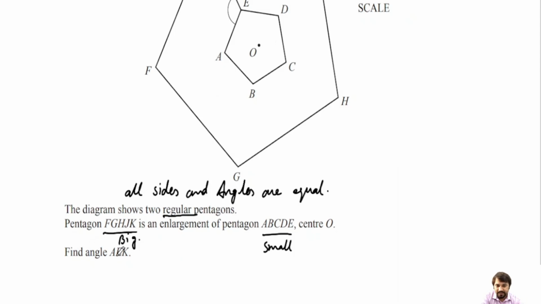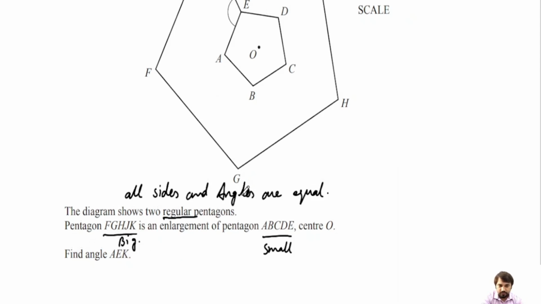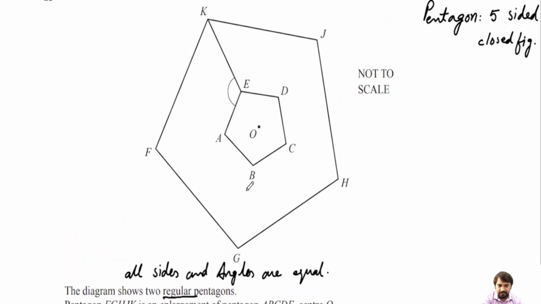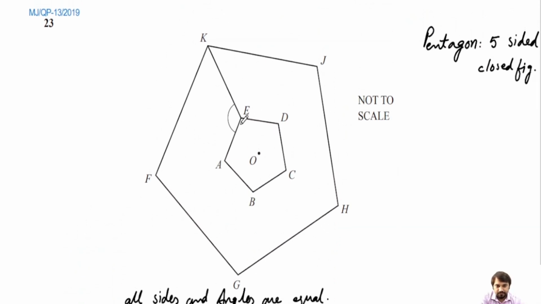Find the angle AEK. So in this problem, we need to find the angle AEK, this one. If this is the enlargement, it means this angle is also equal to AEK. It means angle AEK is equal to angle DEK because of enlargement.